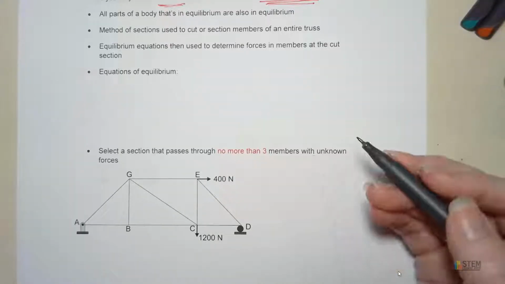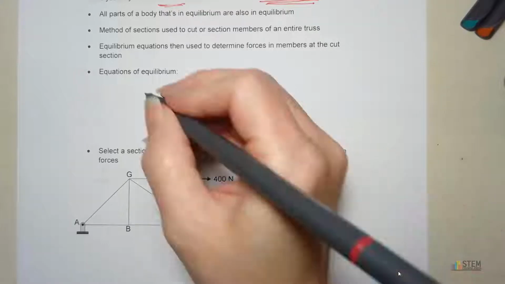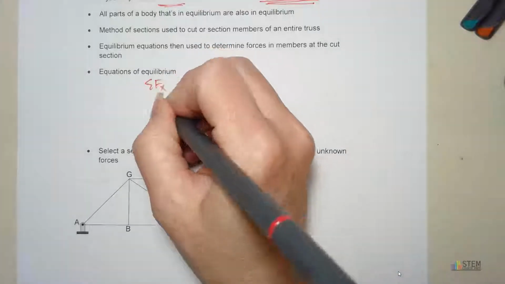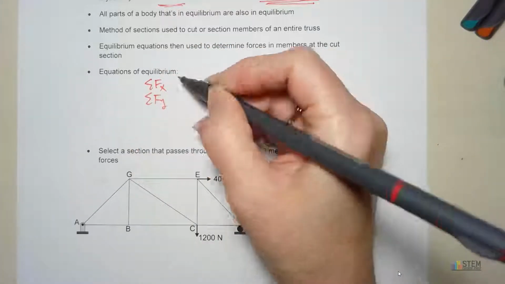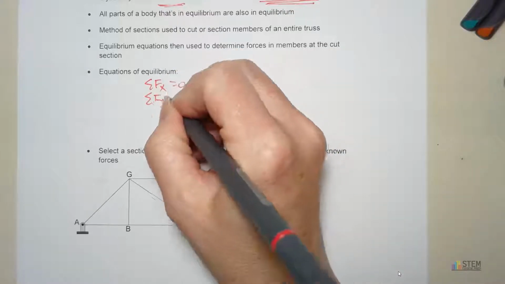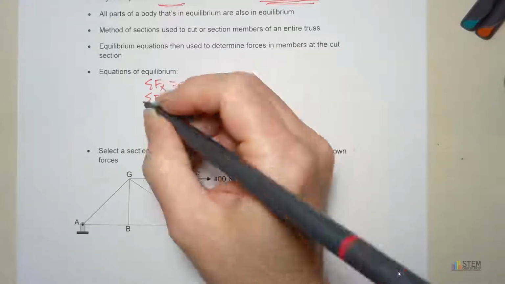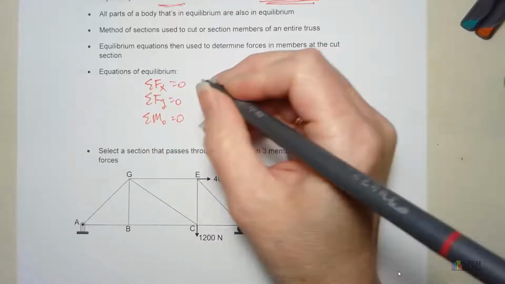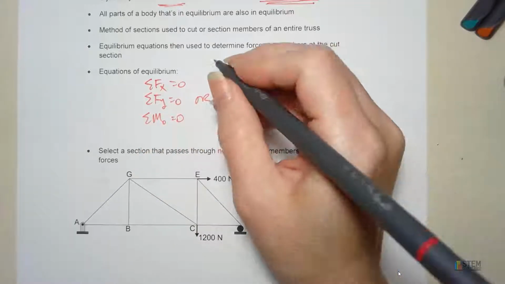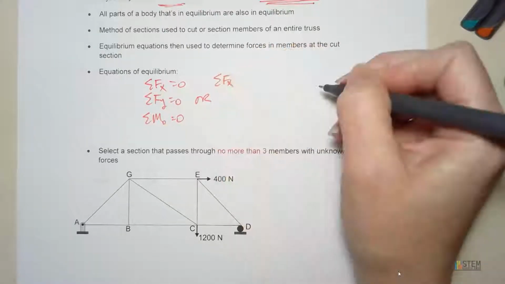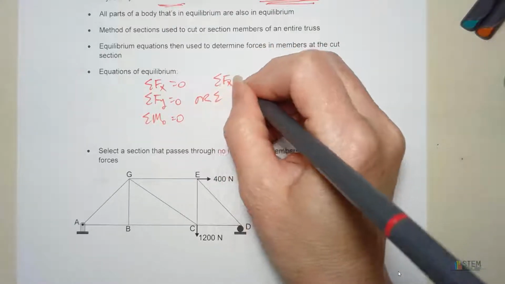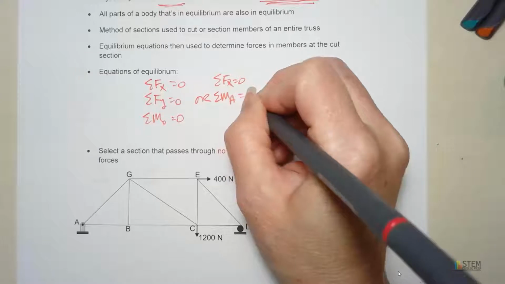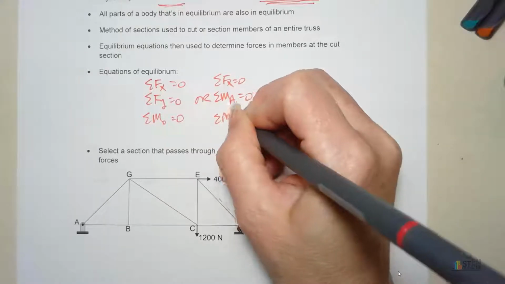Now our equations of equilibrium, we pretty much know those already. Nothing really new here. Sum up your forces in the x and y directions, set them equal to 0. We can also use that moment equation. Or if you really want to get crazy here, you could sum up forces in the x direction, set it equal to 0, and then find moments about 2 different points.